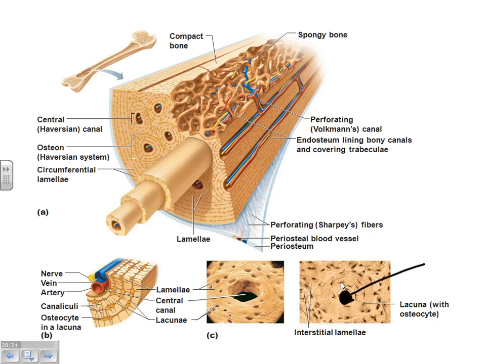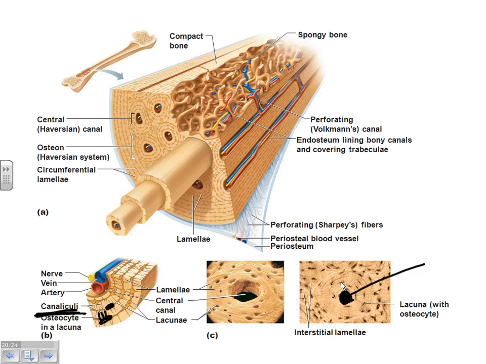You can see it better over here in the drawing. So here's one lacuna, here's another lacuna, and you see these little squiggly lines running that way? Those are called canaliculi. I don't know who came up with the terminology, but the canaliculi connect one lacunae with another so they can communicate with each other.